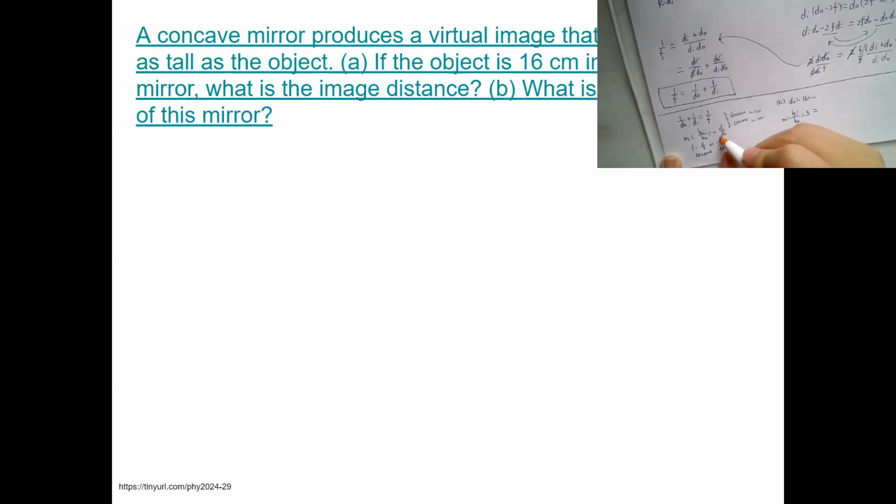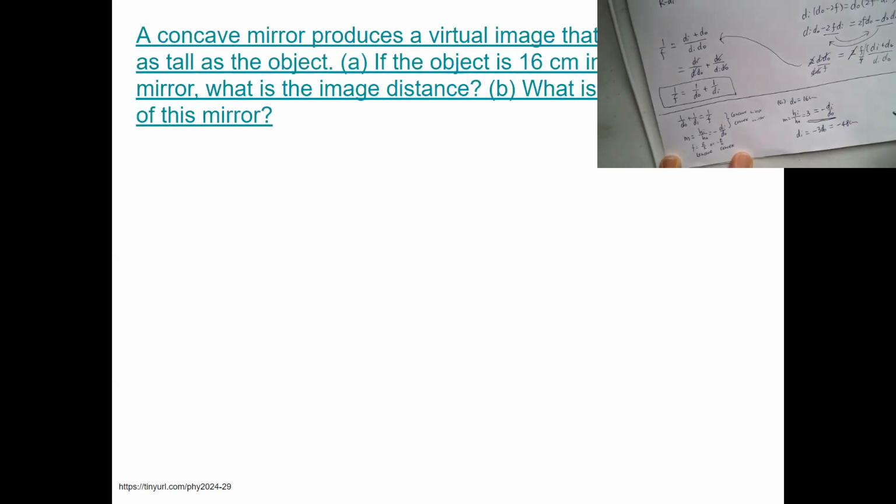Magnification can also be described by minus di over do. So we realize from this relationship that di is equal to minus 3 do, so di is equal to minus 48 centimeters.